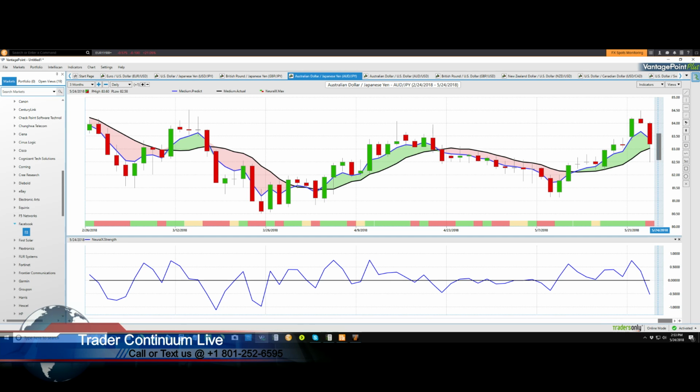A lower low printing down here with actually a higher low printing up here. So we're seeing a disagreement between price and this indicator, this neural strength indicator. When we see a disagreement between the price and an indicator, especially one that we find to be reliable, then we can expect a little bit of either turning around in the market or a continuation.